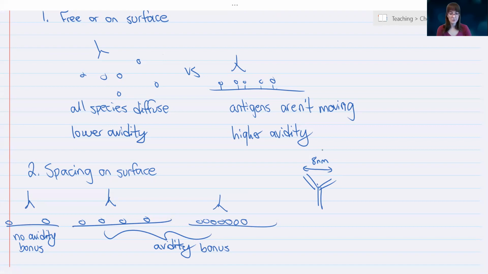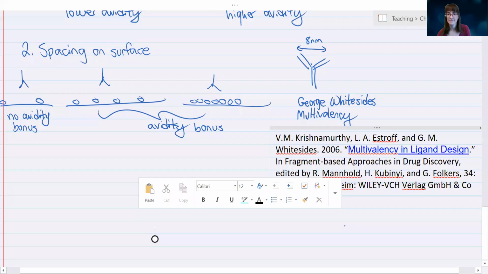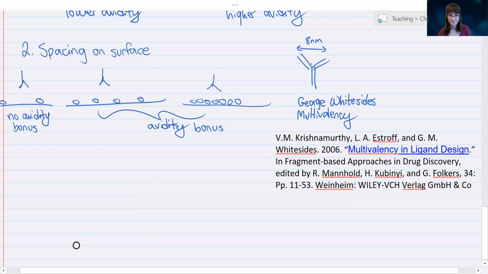And for those who are interested, George Whitesides published long ago in the mid-90s an excellent text on multivalence in ligand design. All right, and I've pasted the reference for you there in case you're interested.